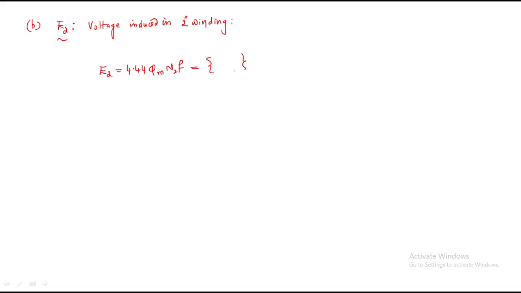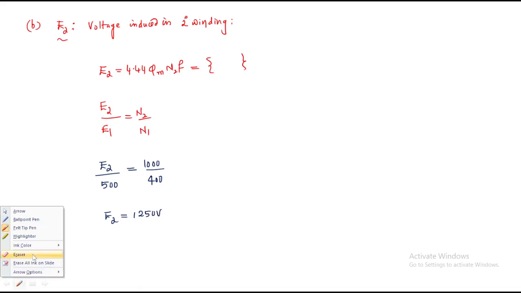Or you can calculate using E2 by E1 equal to N2 by N1. So what is the value of E2? E1 is 500, N2 is 1000, and N1 is 400. So from this the value of E2 should be 1250. E2 should be 1250.